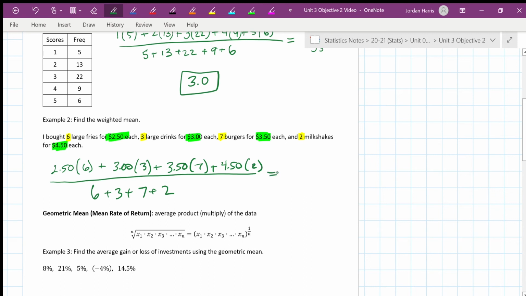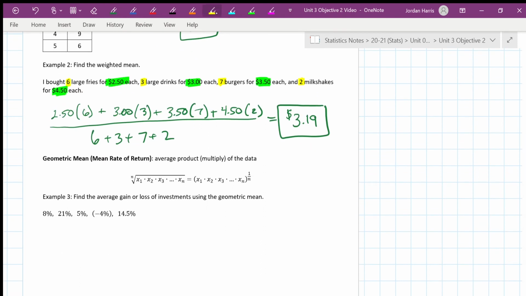Okay. So I'm going to do this all in one. So add them all up on the top, divide by the total number on the bottom, and make sure you realize when you're talking about money, you better have 2 decimal places, dollars and cents. So average of $3.19.